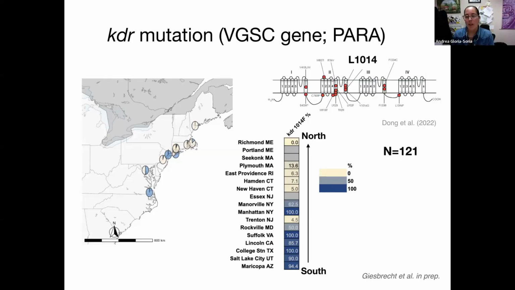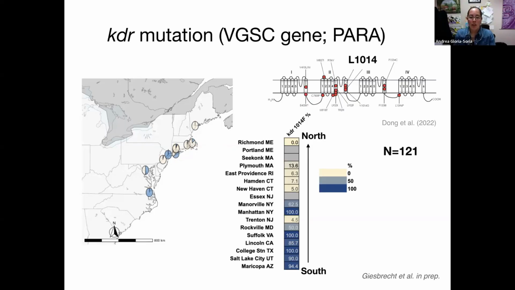Specifically, a mutation called the KDR mutation, or knockdown resistance mutation, which in our case is at residue L1024 of the protein. And so what we did is we took the mosquitoes that we had done whole genome sequencing for, looked for that particular mutation, and determined its frequencies in the different populations.